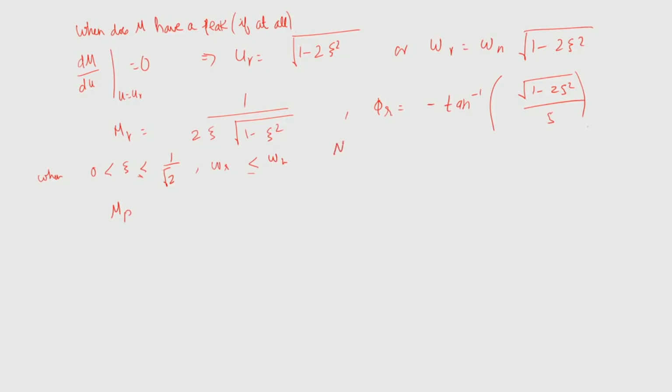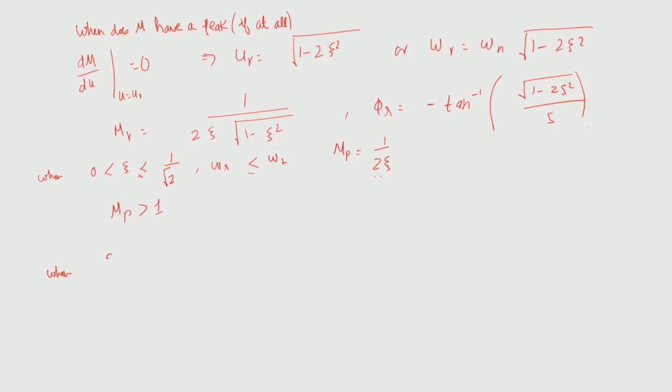So, what was the resonant peak? The resonant peak by the formula was one over 2 zeta square root of 1 minus zeta square, because this is for zeta greater than 0, therefore, I am not looking at the value of 1, and I am also not looking at very large frequencies, right. Therefore, for these the resonant peak will always be greater than 1.